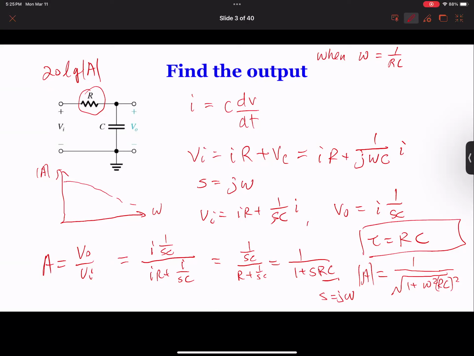See what you get? This becomes 1, right? Omega equals 1 over RC, so this is 1. So 1 plus 1 is 2, square root of 2. So A is 1 over square root of 2.